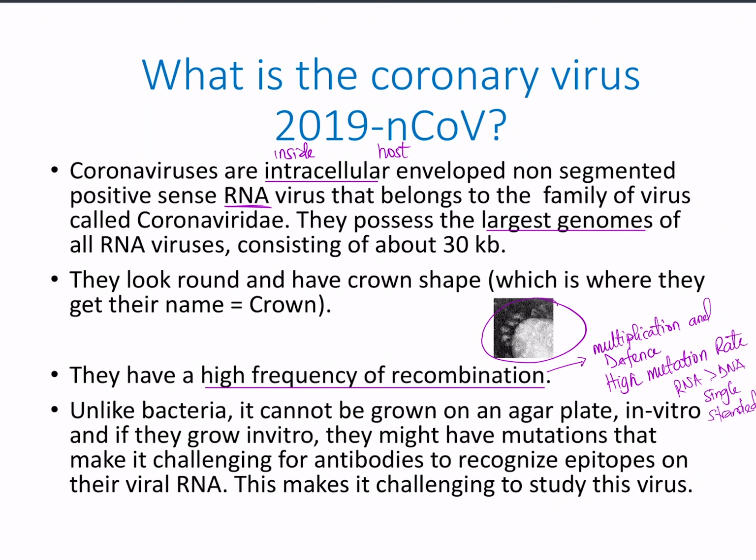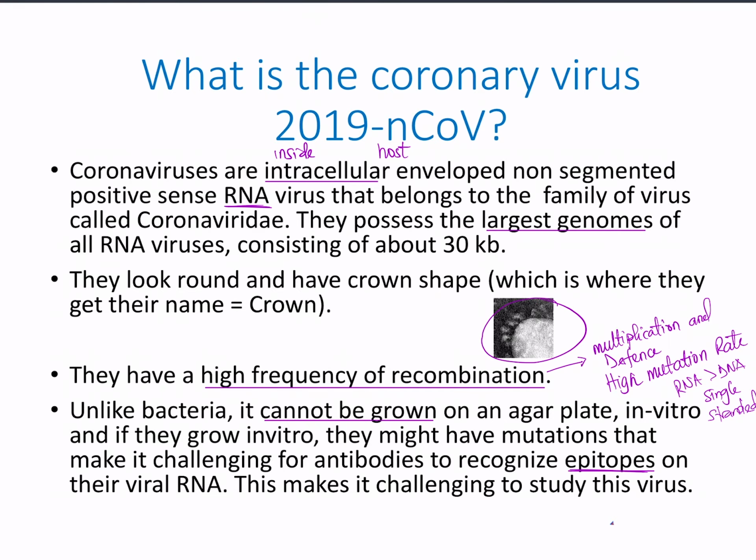Another unique feature of RNA viruses is that they cannot be grown on a plate in the laboratory easily, like most bacteria. And even if you try to grow them in vitro, in test tubes, there is a high chance that there will be mutations, and this is challenging because these new mutations can have different epitopes.